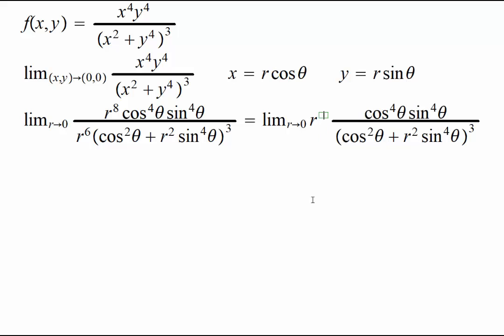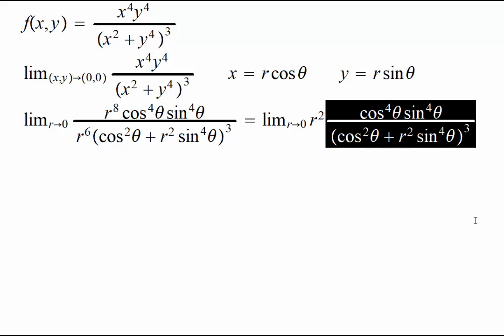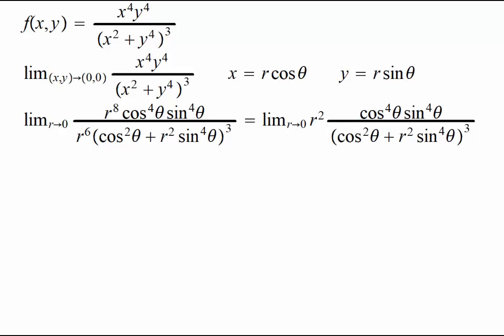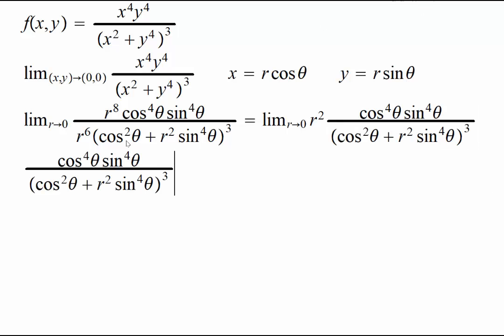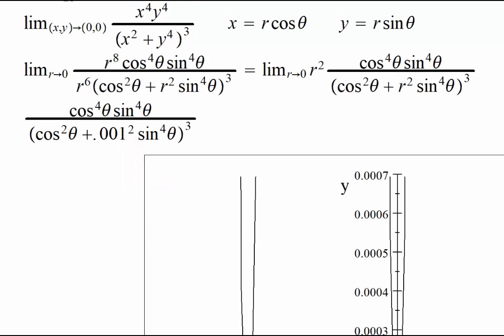Okay, so let's go ahead and see what it looks like. Let's give r a real small value and then look at a graph. Okay, so here we go, let me first shrink it.